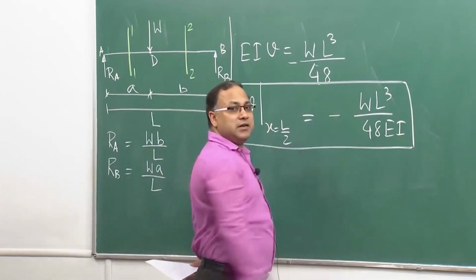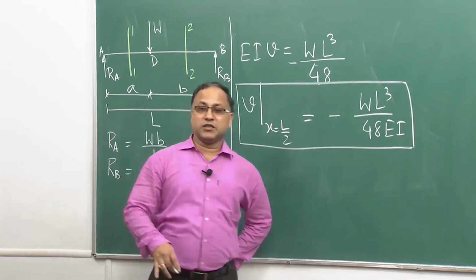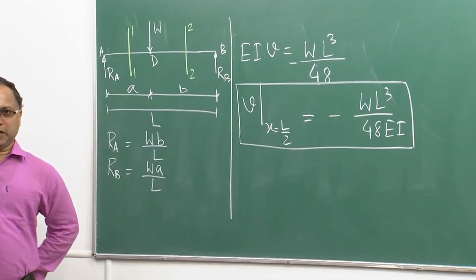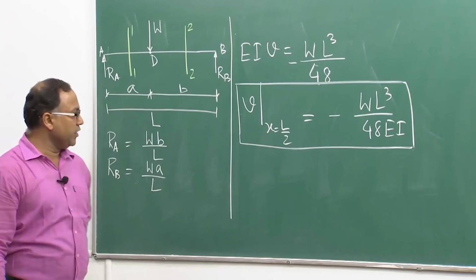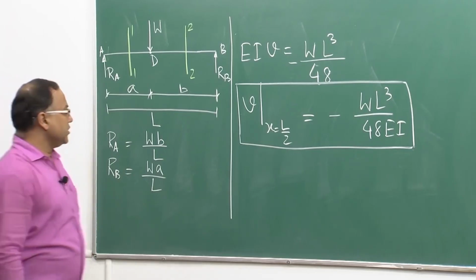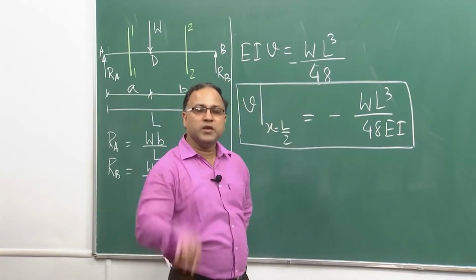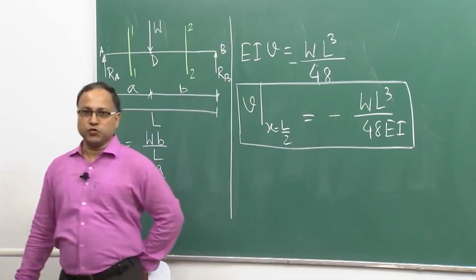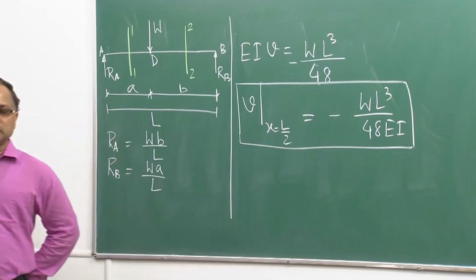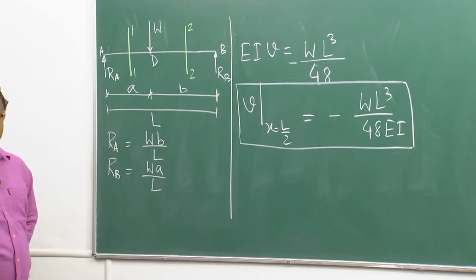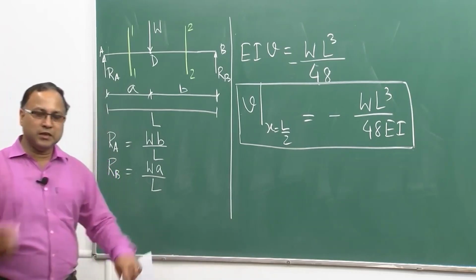As your length increases, the deflection increases in the cubic power, and if EI, the flexural rigidity, increases, then your deflection is reduced. So, this is a measure of rigidity, that means how rigid the beam is.